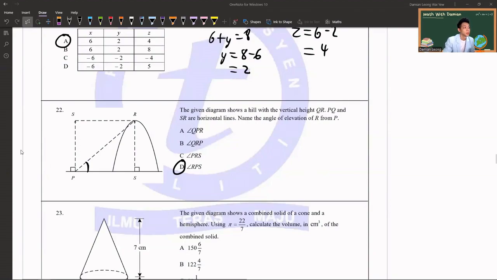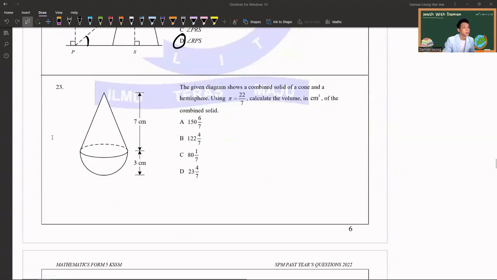Right. Then question 23. Given diagram shows a combined solid of a cone and a hemisphere. Using pi equals to 22/7, I want to calculate the volume of the combined solid. So volume of cone and volume of sphere are given.